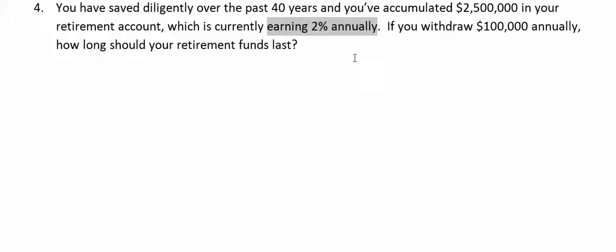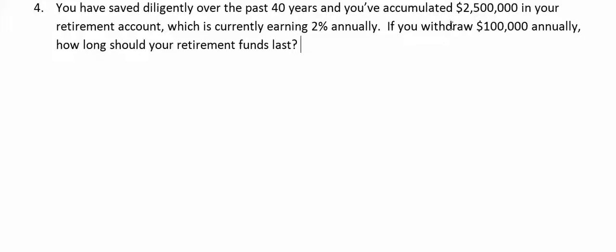It is possible to find CDs that pay 2% a year, if you're willing to lock it in for a fair amount of time, and if you're willing to invest a decent amount of money. So this wouldn't be an unrealistic rate to expect for CDs for them. Now, I've asked if you withdraw $100,000 a year, and I'm ignoring inflation.